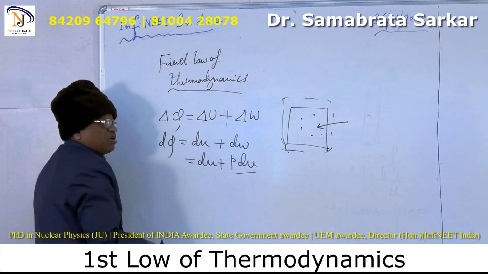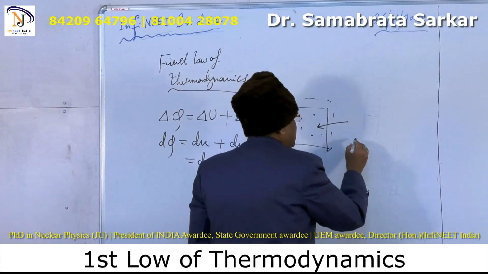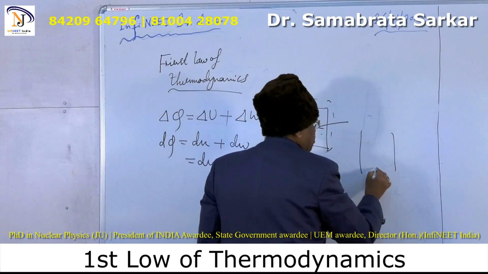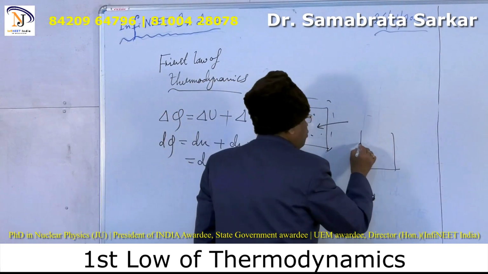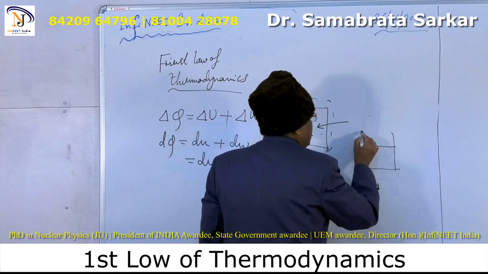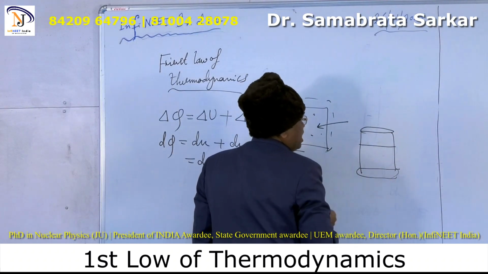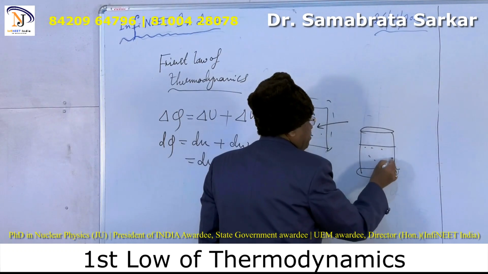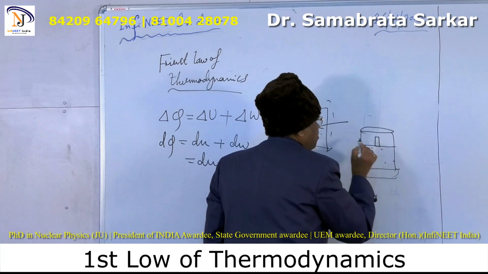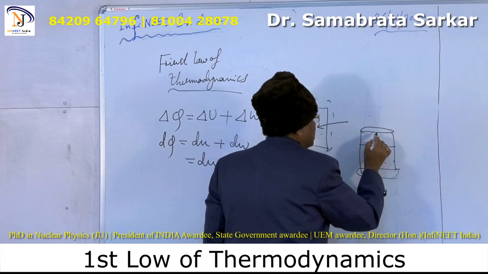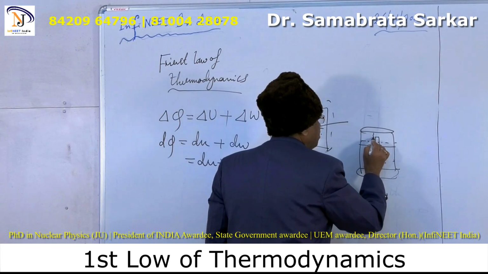From where have we got this dV? Just consider a cylinder, with A as the cross-sectional area of the cylinder. The gas is there, and if you apply heat, the piston will rise to a certain level.